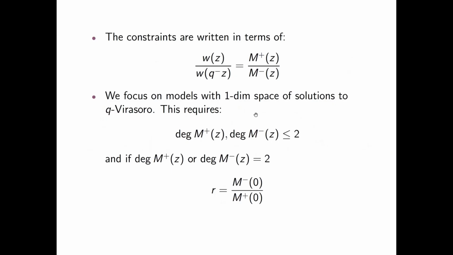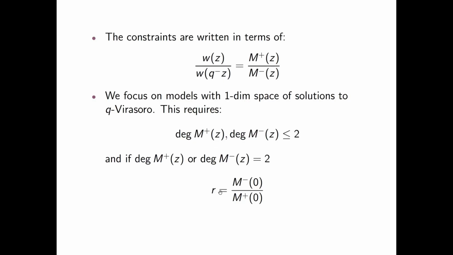Before that, as I said, a unique solution of these constraints exists only in certain cases. Technically, these are characterized as follows. The ratio of the potential and the q-shifted potential, so this is q to the minus 1, should be a rational function such that both of these polynomials have degree less than or equal to 2.